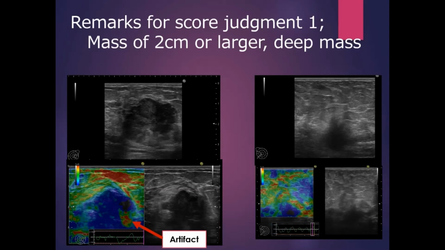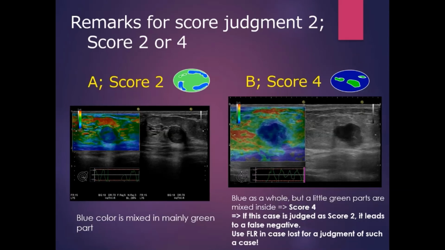It is sometimes difficult to make a judgment for a deep region because compression may not reach there. In such a case, I regard RT as the reference and emphasize other findings. We need to take care of score 2 and 4 differentiation.